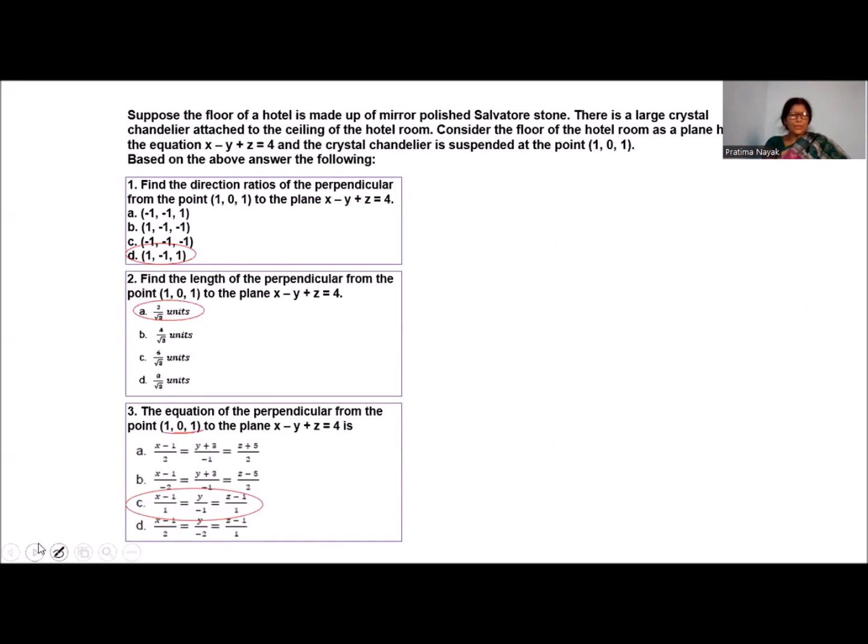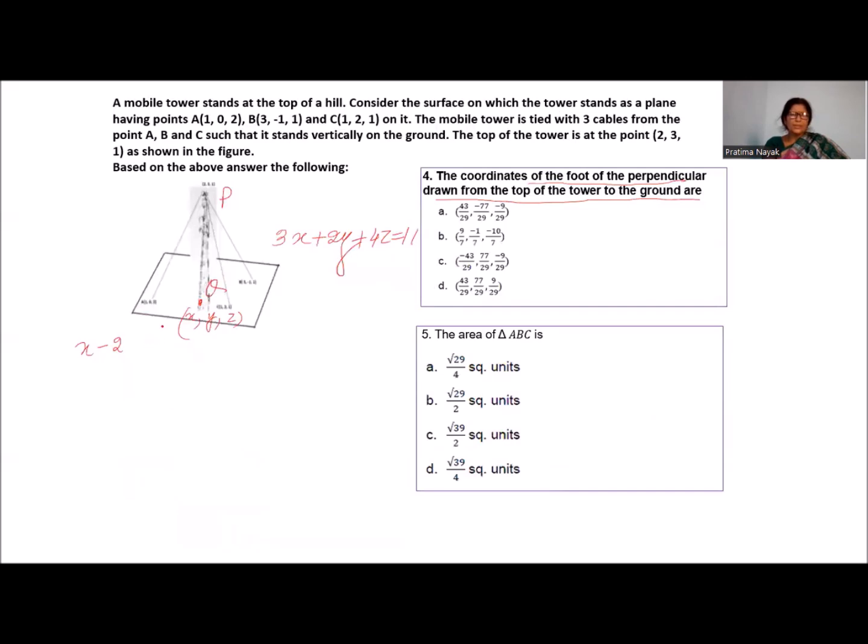I will copy this one. What is the answer? Let me find out again, I may be wrong. X minus 2 upon 3 is equal to y minus 3 upon 2 is equal to z minus 1 upon 4.